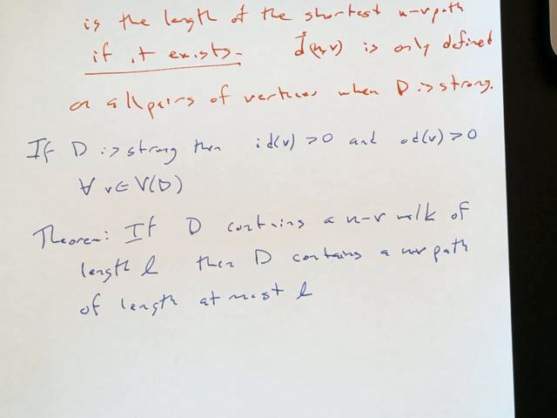I didn't repeat anything. If I did repeat something, then at some point I had to come back, and I can still keep going, right? So let's just cut that little loop out. I've made a path that's shorter. If I take the minimum possible length path and then say, oh, you can make one shorter by cutting out a loop, then you didn't have its smallest path in the first place.